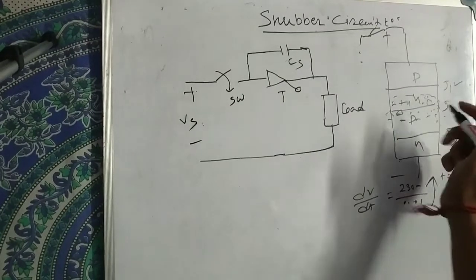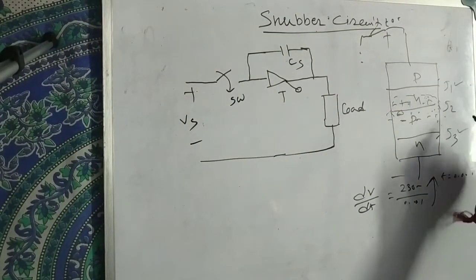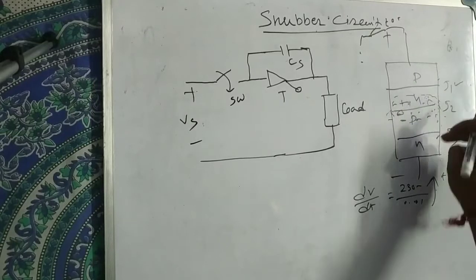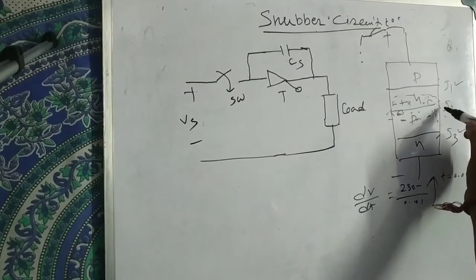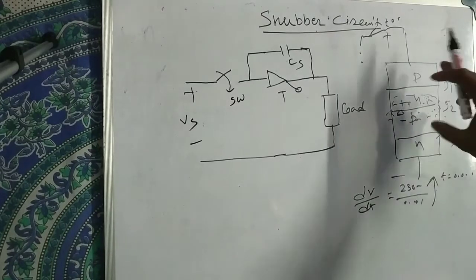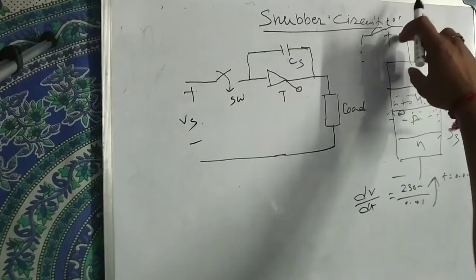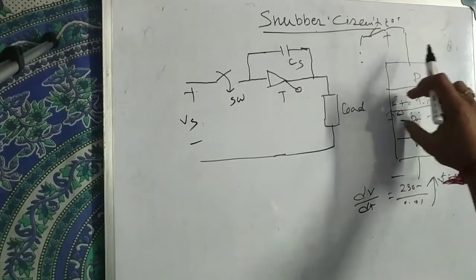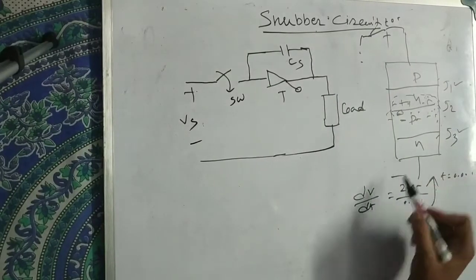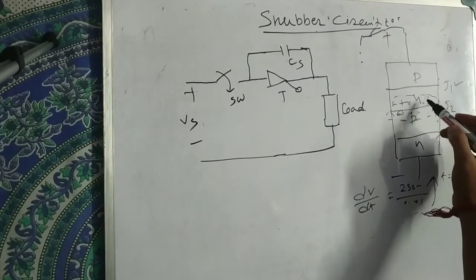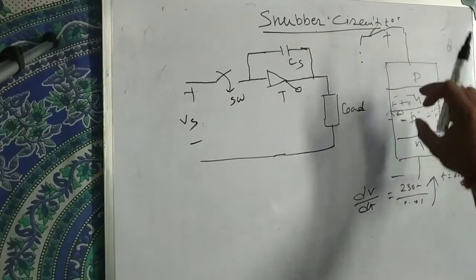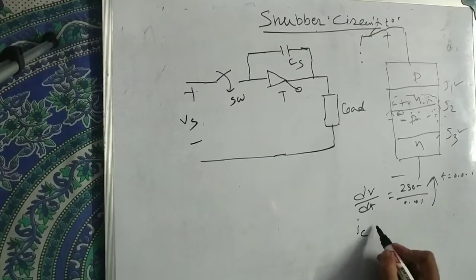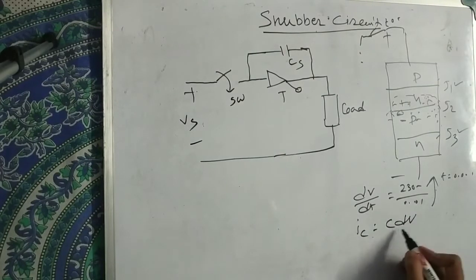And we know J1 and J3 are forward biased, and J2 is in reverse bias condition. If a high voltage is applied, then the high voltage is across this J2 junction. We already studied that the J2 junction has a capacitance, and a high dv/dt is across this junction. We know the capacitance current is I equal to C dv/dt.